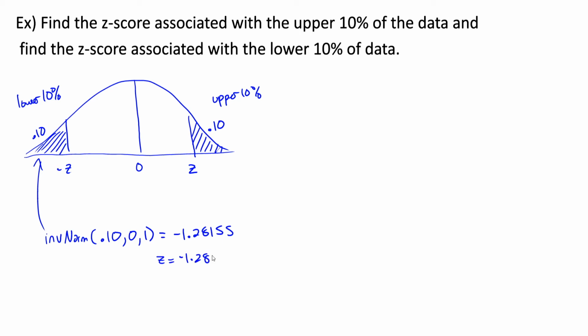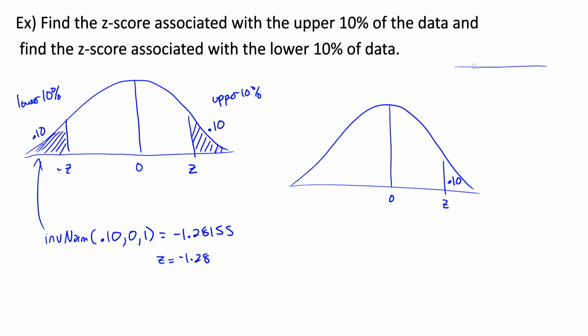Now, if we wanted to figure out what the area to the left of the upper 10% is, we'll draw another picture and we'll just focus on the upper 10%. So this piece over here we know is 10%. We don't know what this z-score is, but we do know that the entire area under the curve is equal to 1. So remember, both halves of the normal curve have an area of 0.5. If we add these two together, the total area is 1.